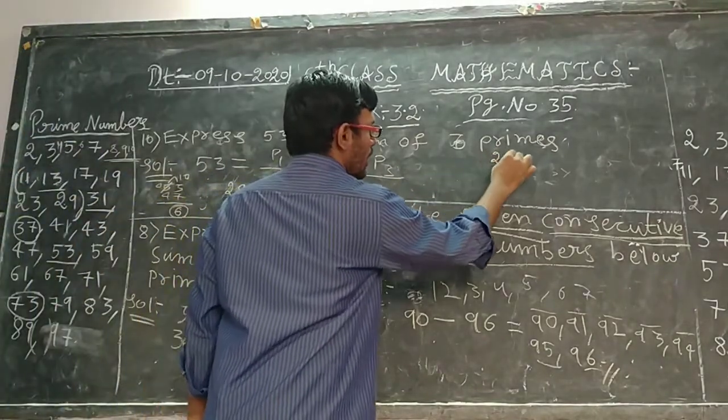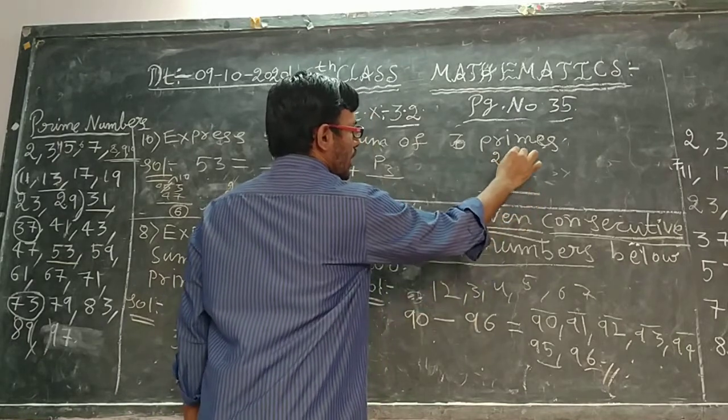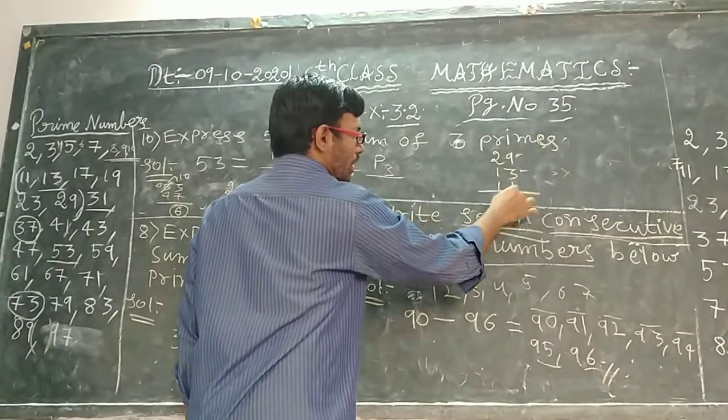I am adding here 29 plus 13 plus 11. Next one, 9 plus 3 is 12, 12 plus 1 is 13.